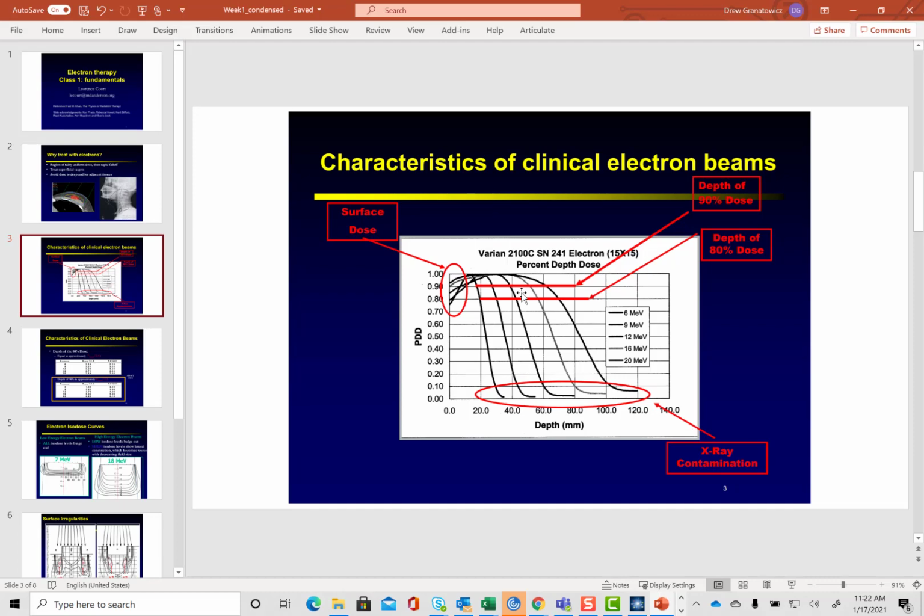We'll usually do a plan and then prescribe to our 90% isodose line, or some clinics go all the way down to 80%. And finally, it's important to realize you have X-ray contamination, because if you are trying to avoid dose beyond your target, as you increase energy, you increase your X-ray contamination.